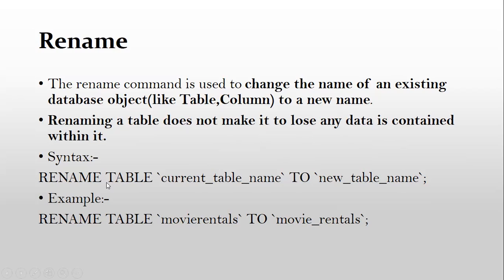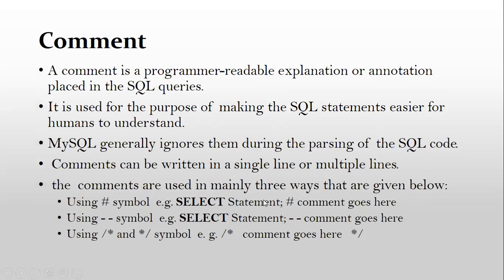It just changes the header row of your table. Syntax is rename table, your current table name to new table name. So this enables you to rename your table. For example, rename table movie rentals to movie underscore rentals. With this, your table will be renamed.